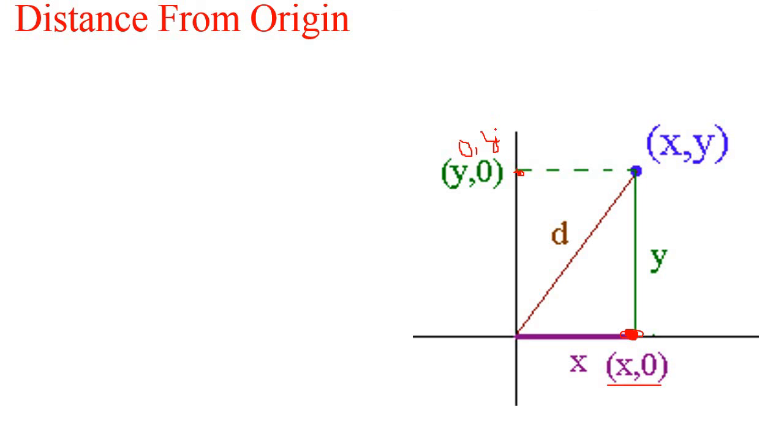So 0 comma y is the point, not y comma 0. The point on the y-axis is 0 comma y.